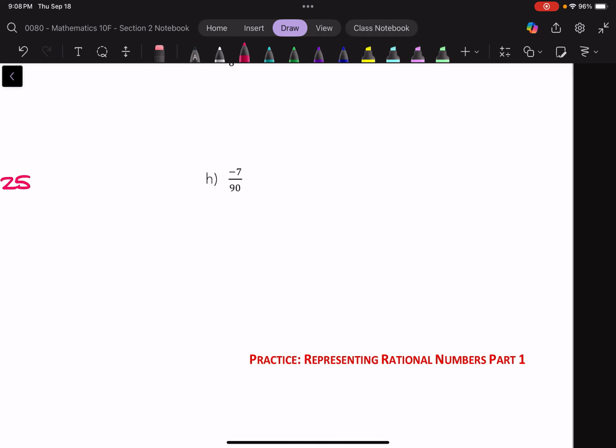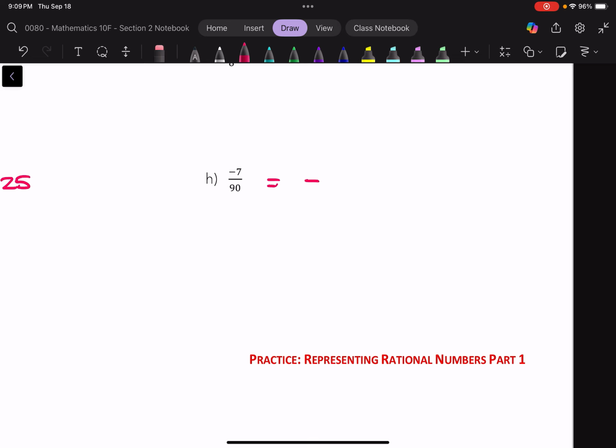Last but not least, I have -7/90. Again, if it's negative to begin with, it's going to be negative to end with. Again, 90 isn't one of those denominators that I'm feeling like I love. But if I ignored the 0, I'd be like, ooh, I like 9s. 9s are nice.